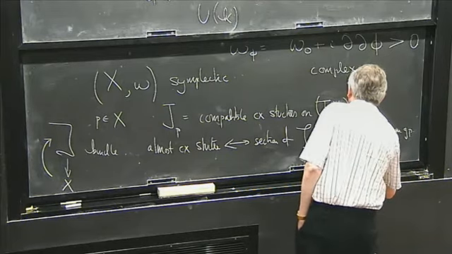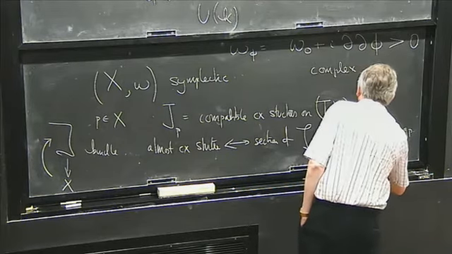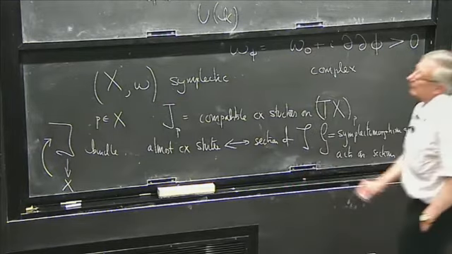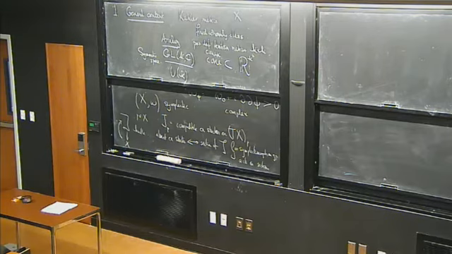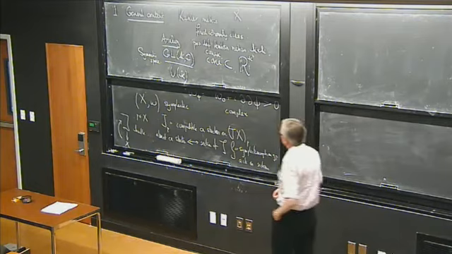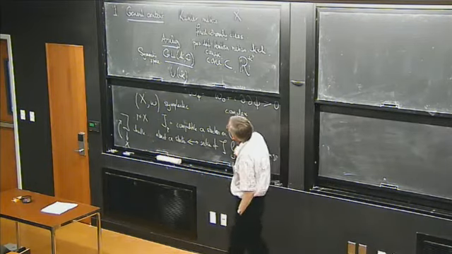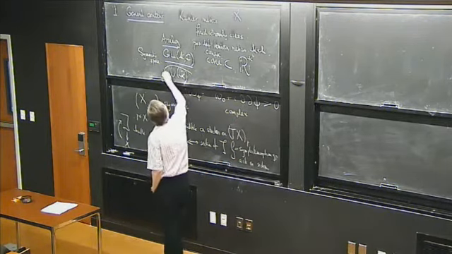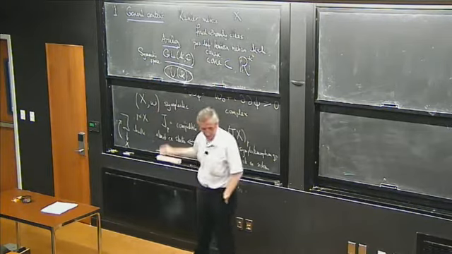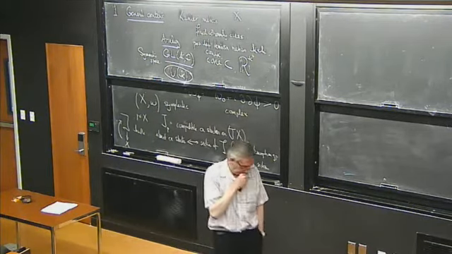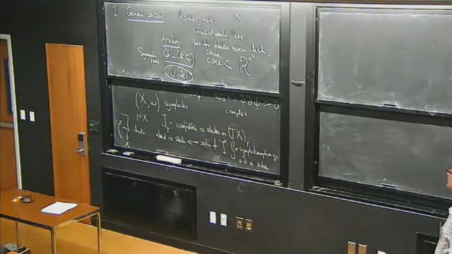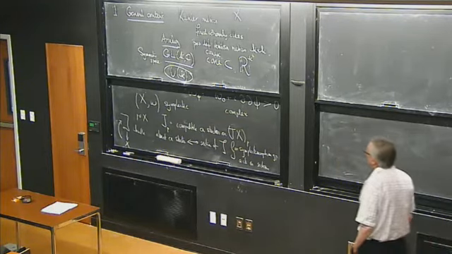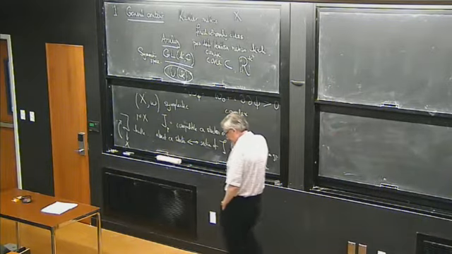It acts on the sections in a natural way. So you should think of this group here as the analog of the unitary group in this discussion of the space of Hermitian matrices, positive definite Hermitian matrices.